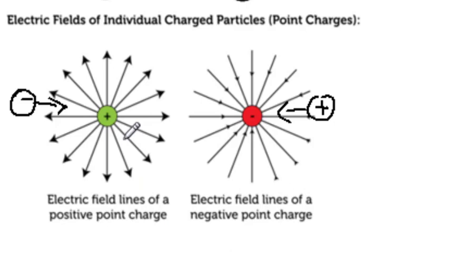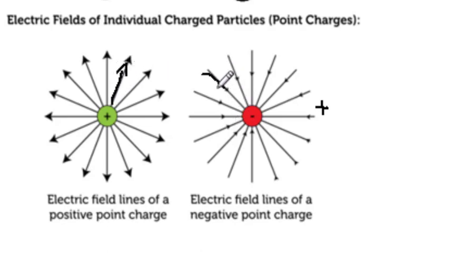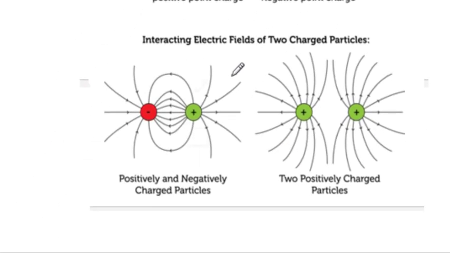Now one thing you might want to notice about these fields is that a positive charge has a field radiating and it's going out. Radiating means it goes around. And notice each line is going out. Whereas a negative field is coming into the negative charged particle, the electron. So this is what the fields will look like. The positive particle has a field radiating out, and the negative is radiating in.